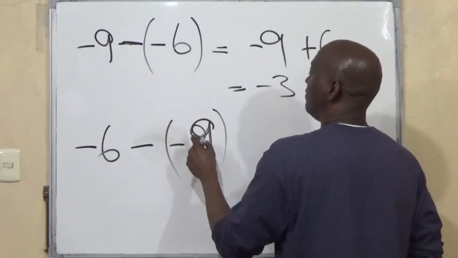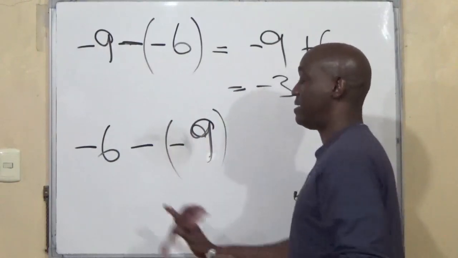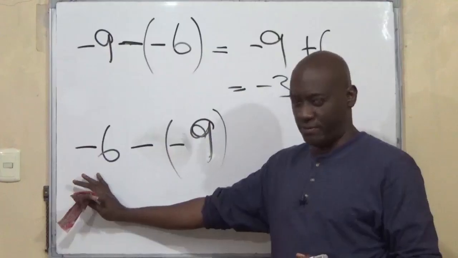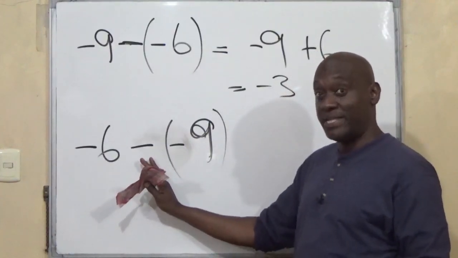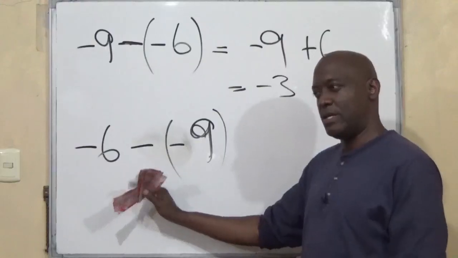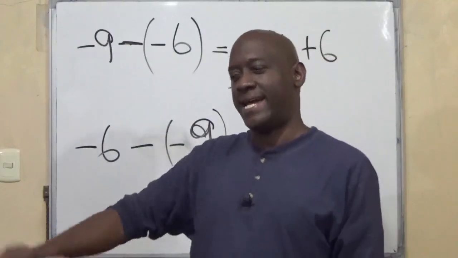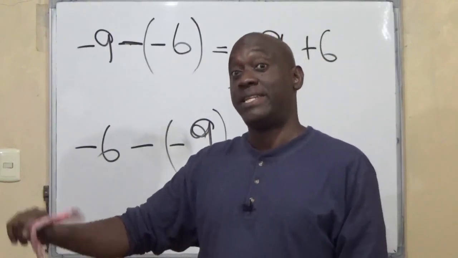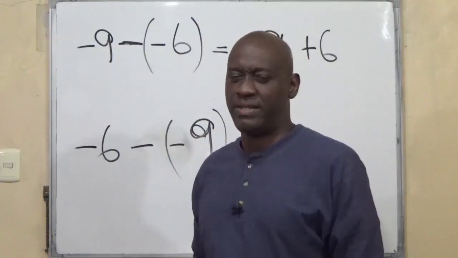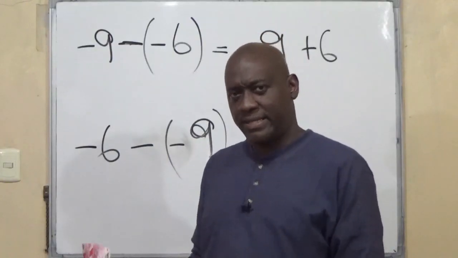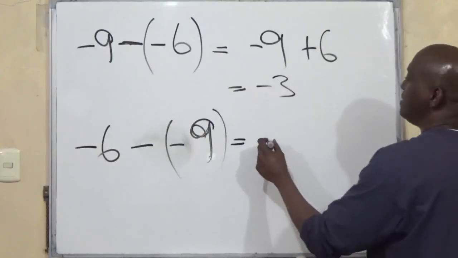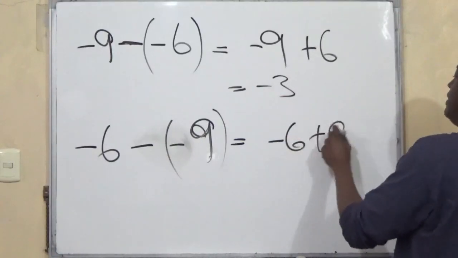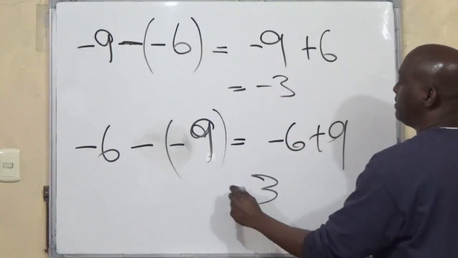So now instead of 9 sheep being lost in addition to the 6 that they had lost before, you're now reversing the loss of 9, which means you have 9 sheep coming in. So having lost 6, 9 coming, it means you have 3 extra sheep now. You see? We could understand the thing in simple scenarios. So that what you actually have is minus 6 plus 9, which would be plus 3.